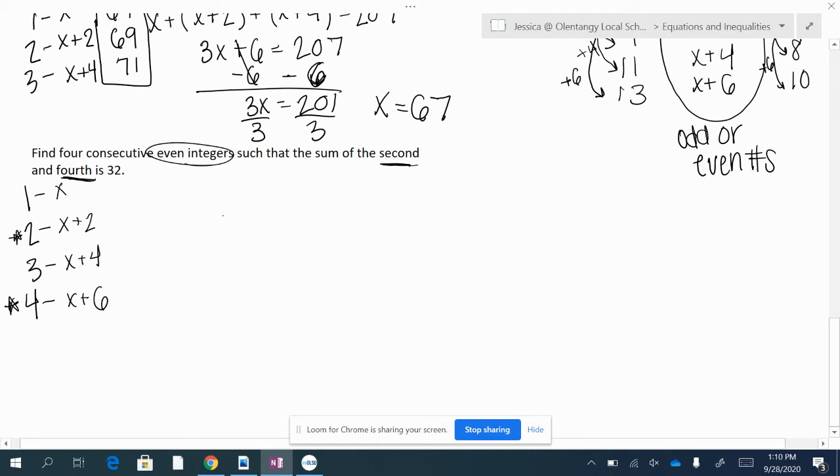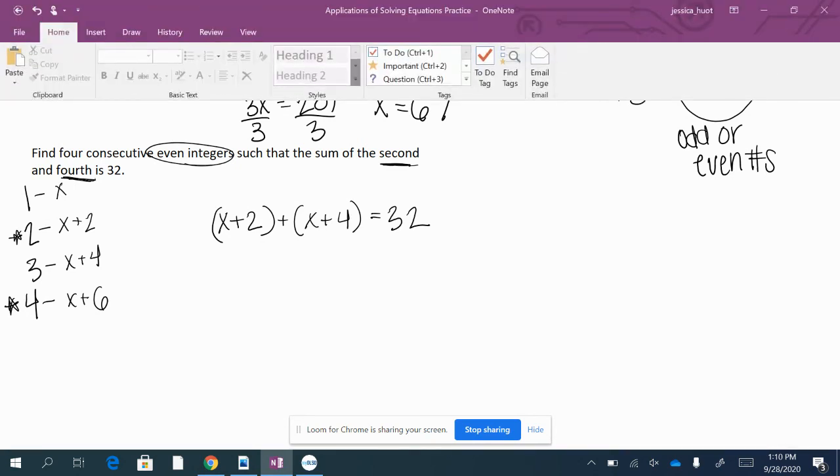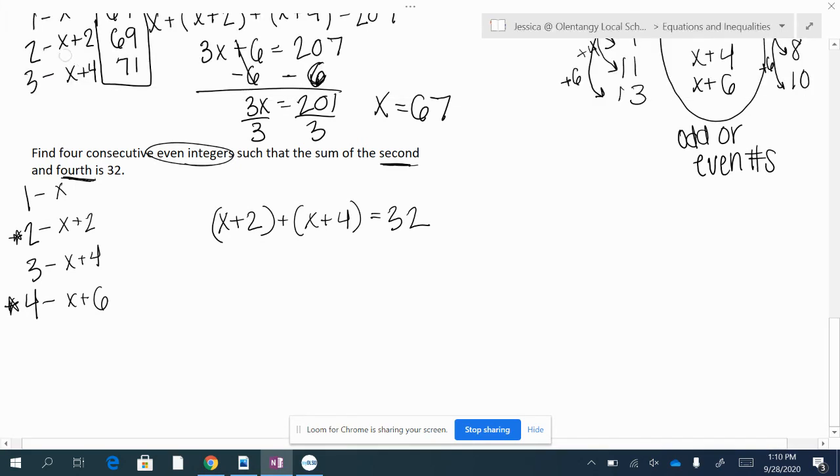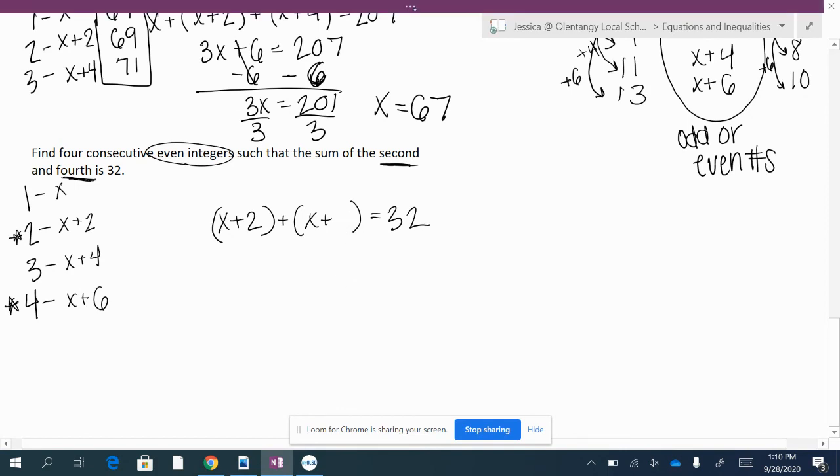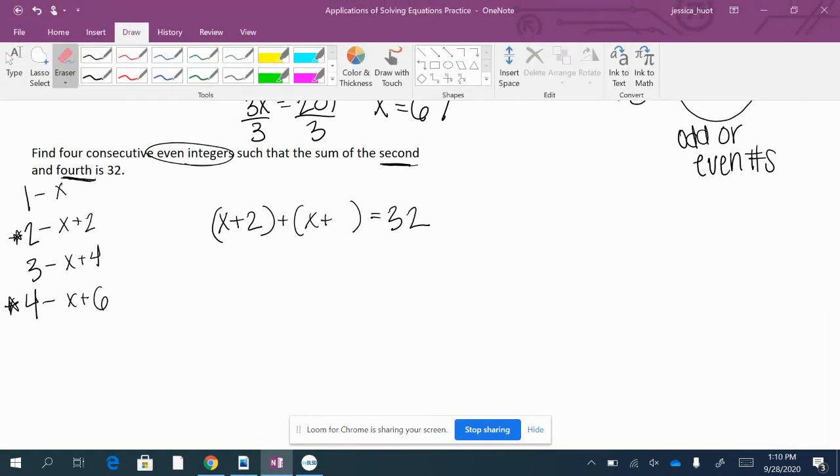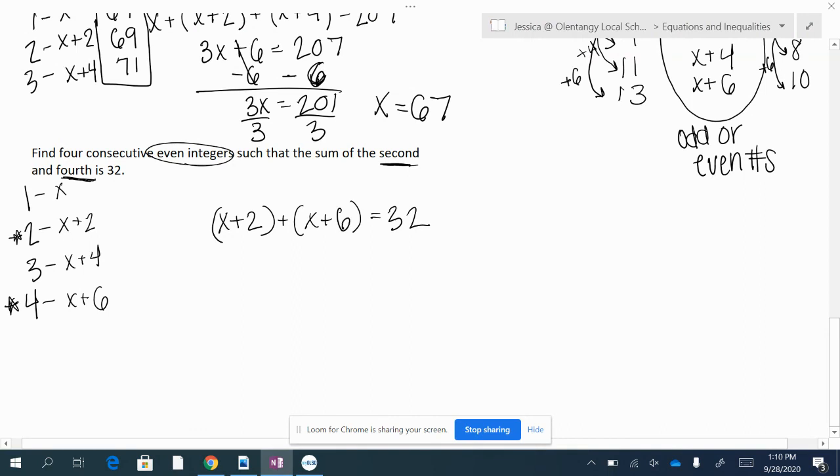So I'm only taking the second and the fourth. x plus 2, there's my second, plus x plus 6, and that needs to equal 32. You do not need the parentheses there, and it needs to be x plus 6, because we're taking the second and the fourth.